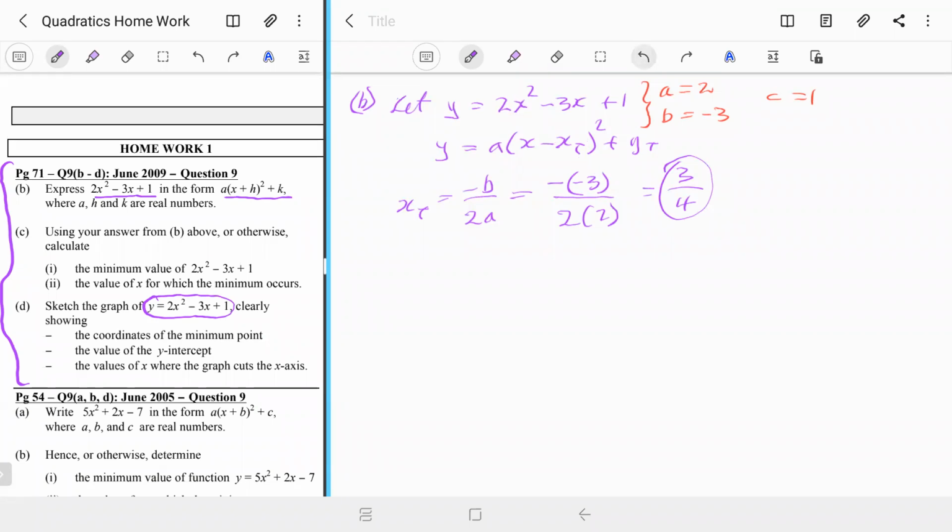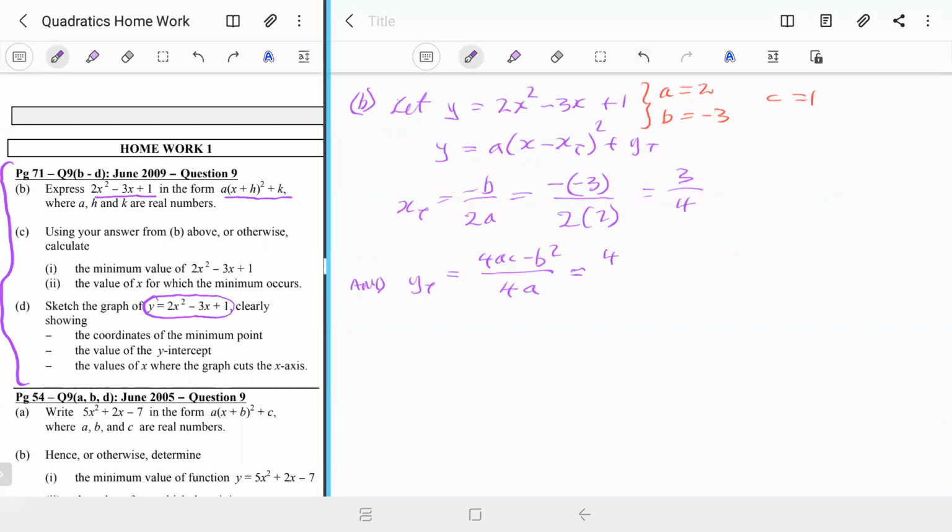I now need to calculate my yt value, the y of the turning point. My yt value is (4ac minus b squared) divided by 4a, using the formula method. Carefully substitute the values, and be careful with the negative signs in particular.